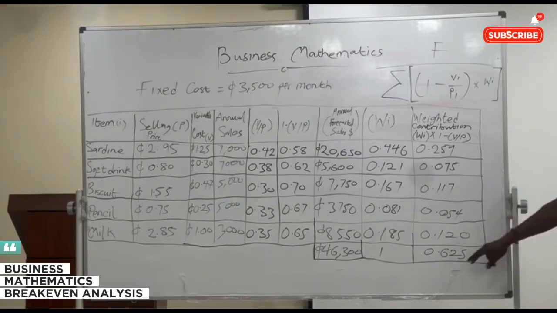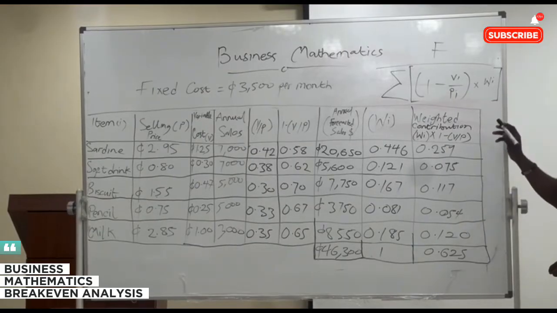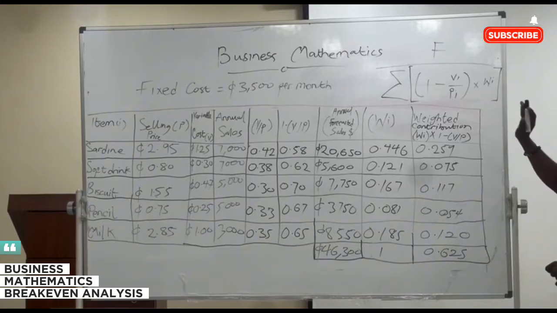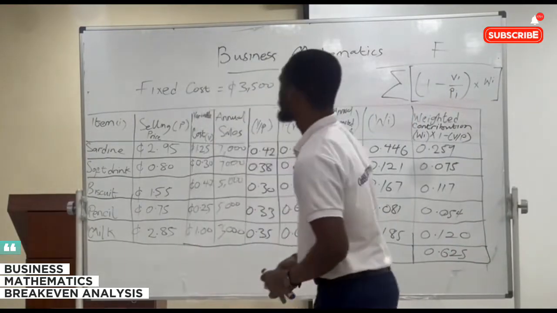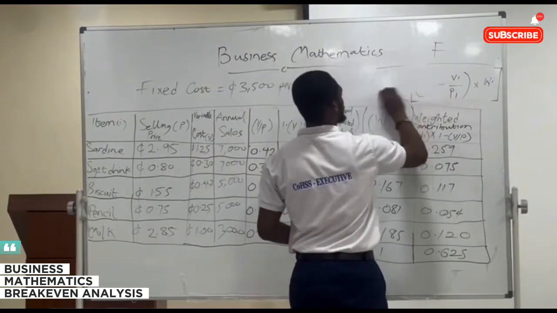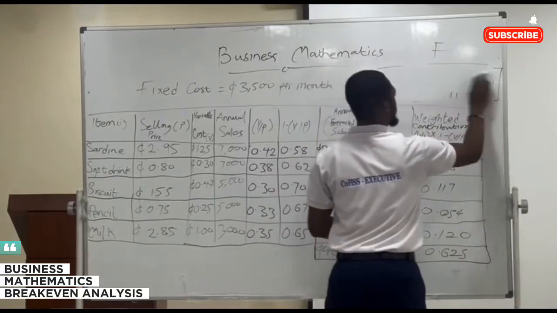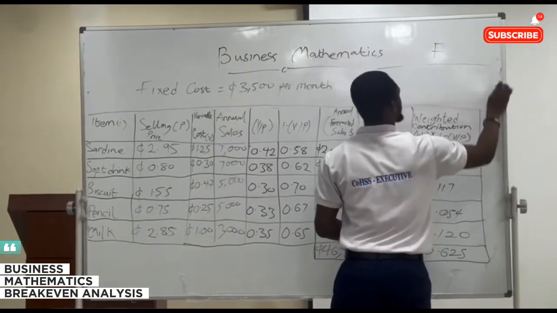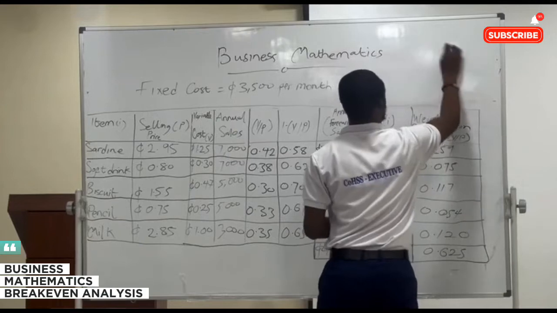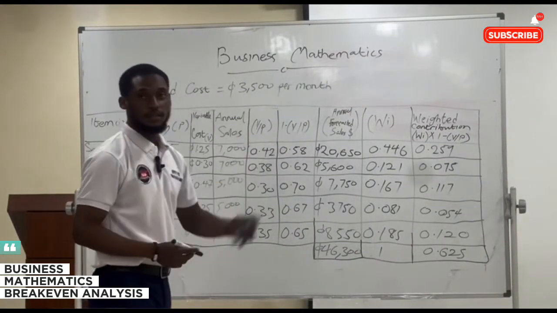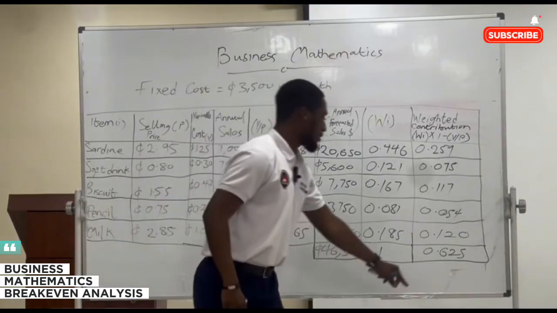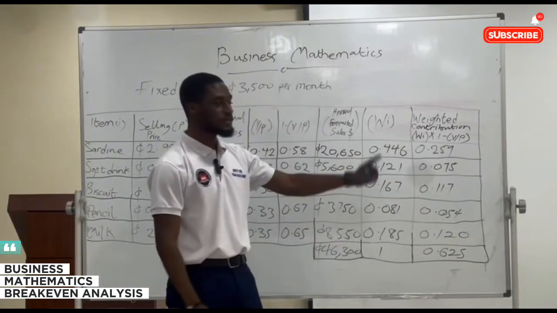So now, if it represents the denominator, let's go ahead and fix it in our formula. So now the formula was given, and now we said the total of the weighted contribution represents the denominator.